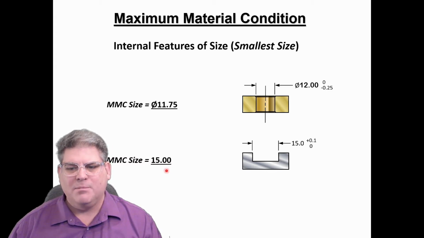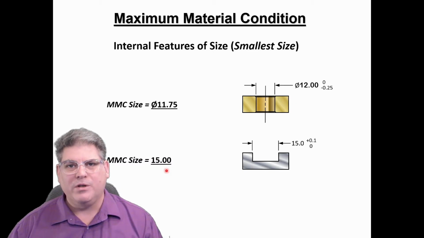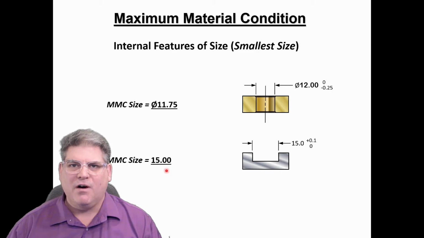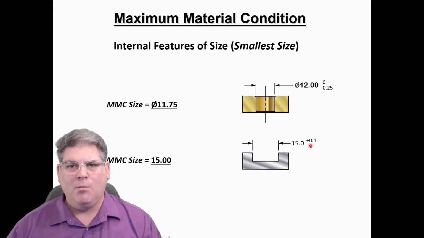So in this case, the maximum material condition for this 12 millimeter hole, which has a tolerance of plus nothing and minus 0.25, 11.75 is our maximum material condition. To see the pocket down here, again, 15 millimeters plus 0.1 minus nothing, 15 millimeters is the maximum material because it's already as big as we can make it, or as small as we can make it, sorry.